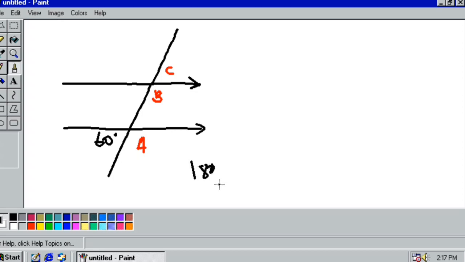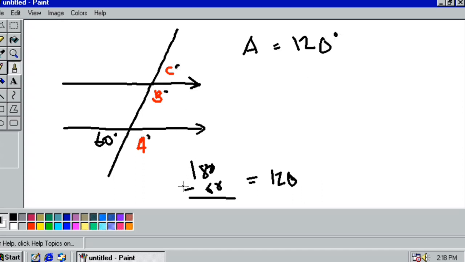That means we need to subtract 60 from 180 to find angle A. So that is 120. So that means angle A is 120 degrees.